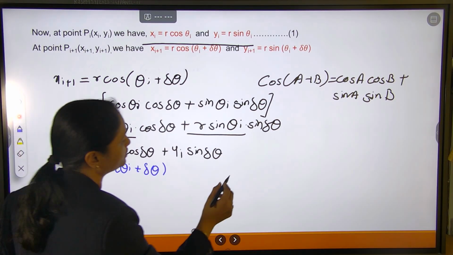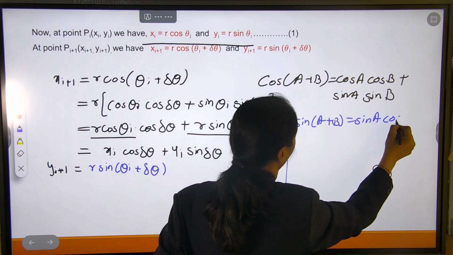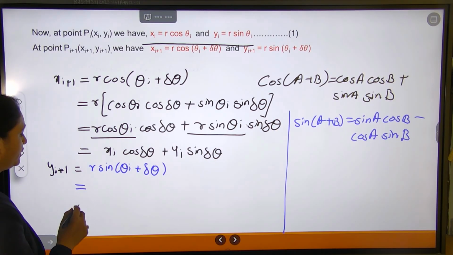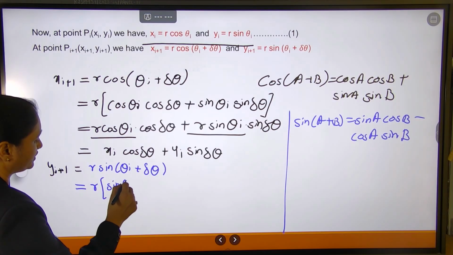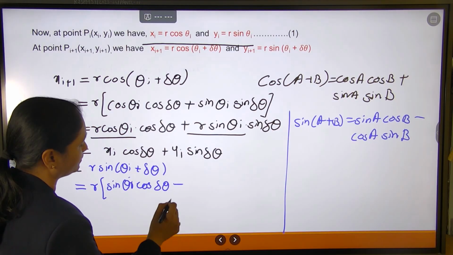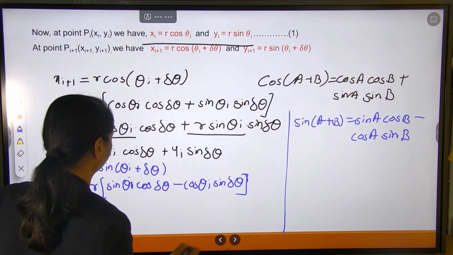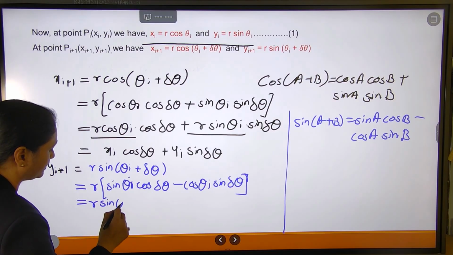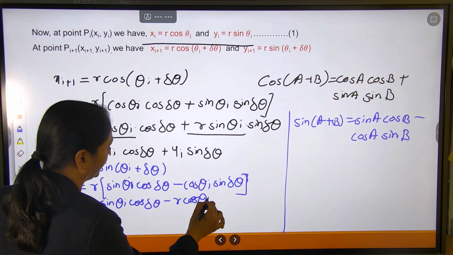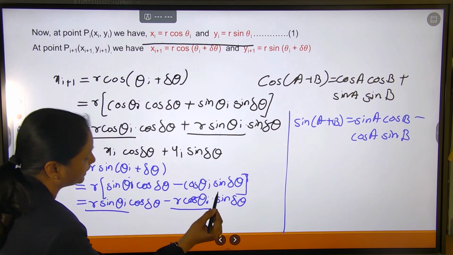So here we can use the formula sin A plus B is equal to sin A cos B minus cos A sin B. So this is equal to r into sin theta I cos delta theta minus cos theta I sin delta theta, and multiplying by r we get r sin theta I cos delta theta minus r cos theta I into sin delta theta.